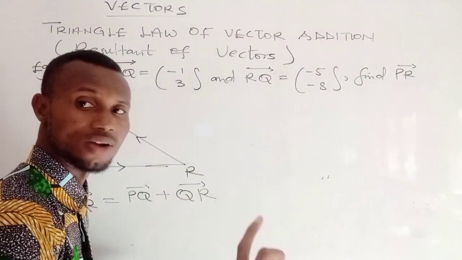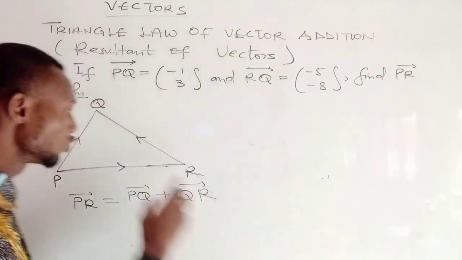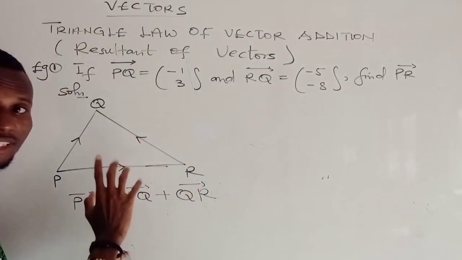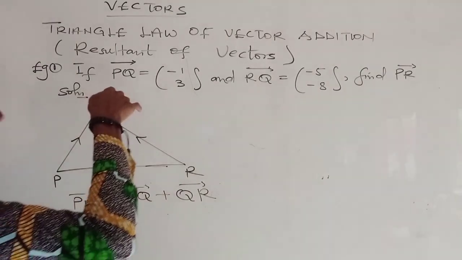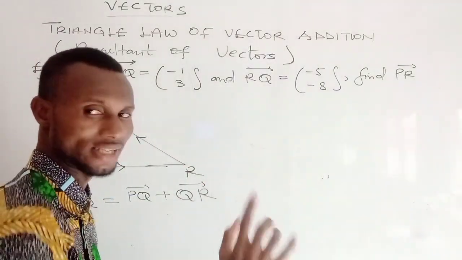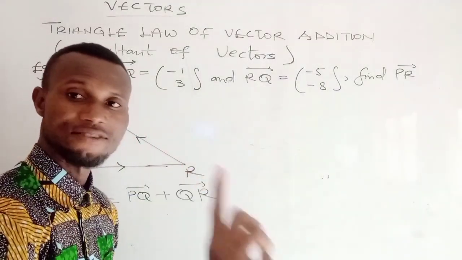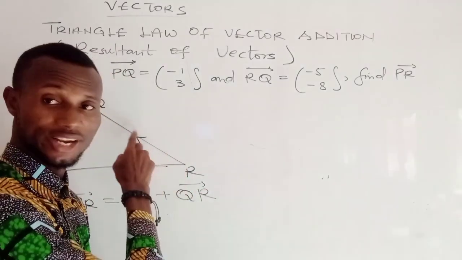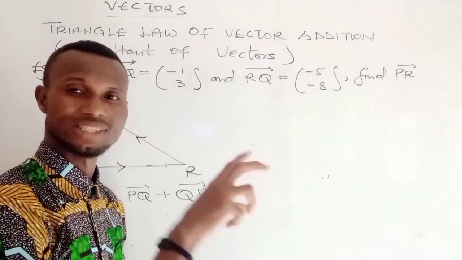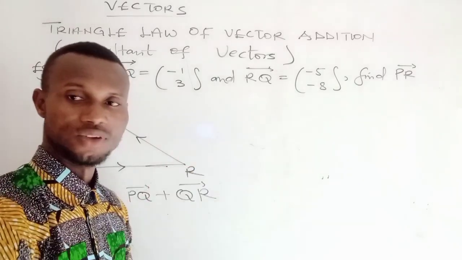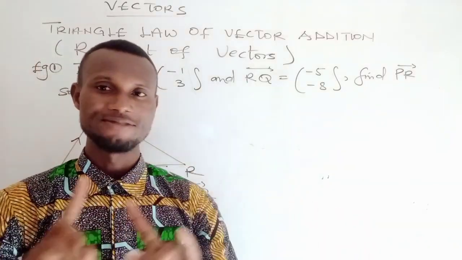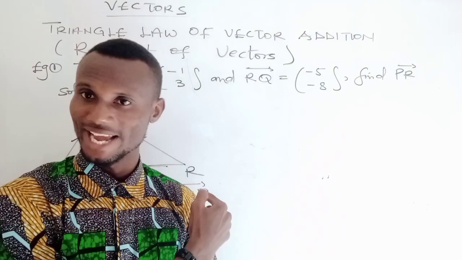No, because the law says that you move in this direction. To get your PR is supposed to be PQ plus QR and not RQ. So having that here is given to be RQ, we need to do something to that part so that we can get it to be QR. So the inverse of a vector that I taught you comes here.